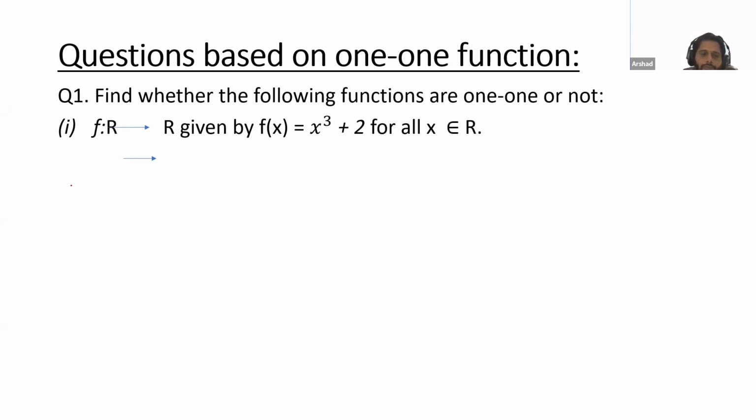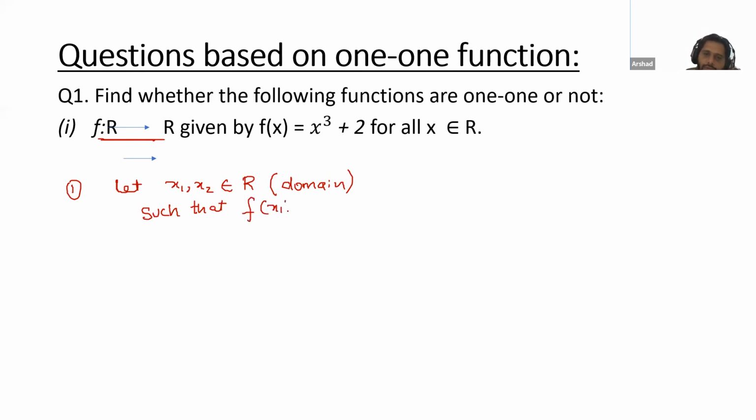Please check here, Umair. For one-one, always remember the steps. For one-one, we assume the value. For example, we have the function f(x) is equal to x cube plus 2, a function from R to R. Let x1, x2 belong to the first set R, which is the domain, such that f(x1) is equal to f(x2).